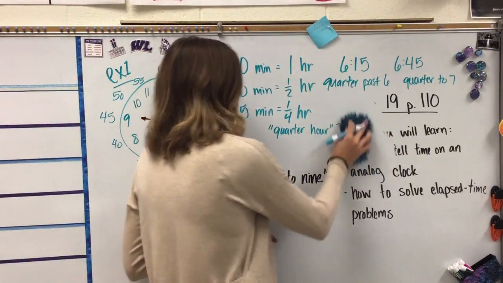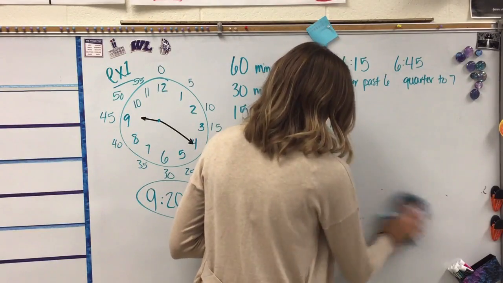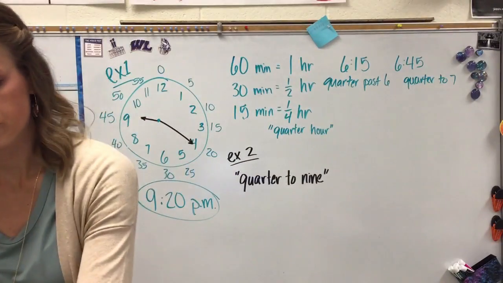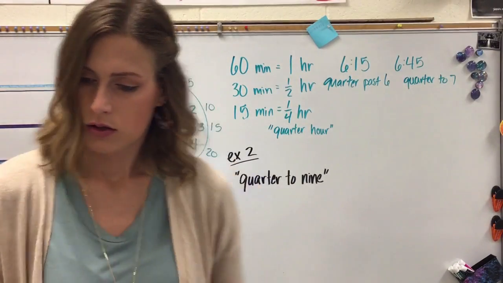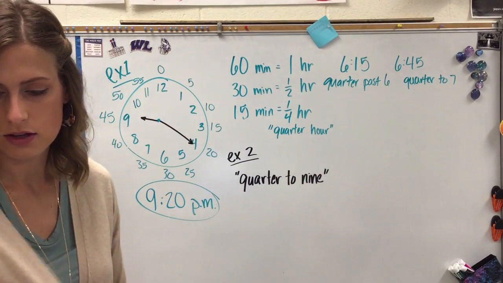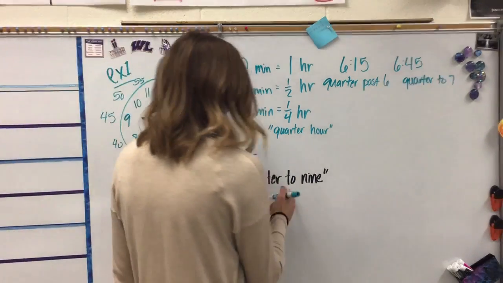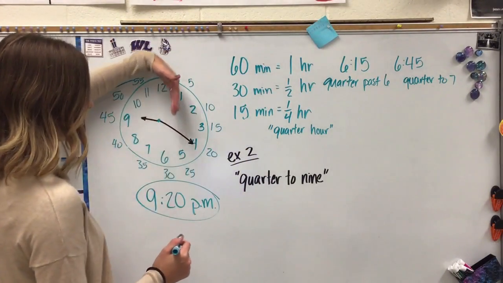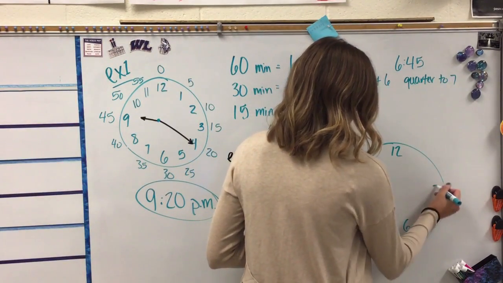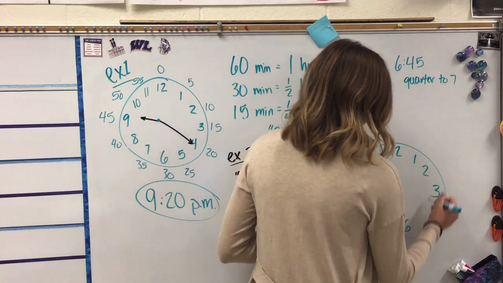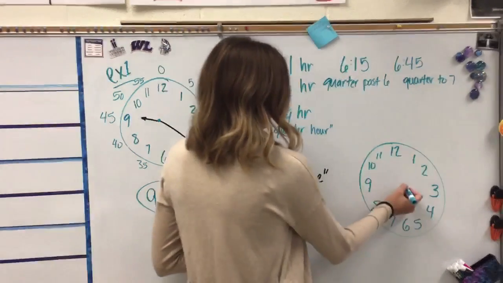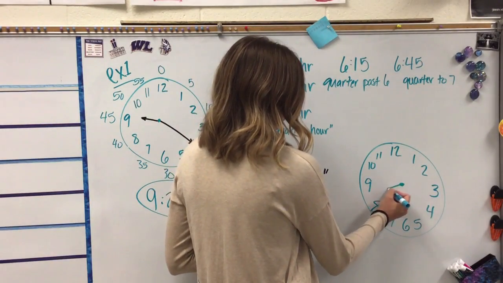Example 2 wants us to write what the time would be if it was a quarter to 9. We're going to use digital form to do that. So what is quarter to 9? Quarter to 9 means it's almost 9. So if I think about my clock here, with my hour hand, it's almost 9 o'clock, right?